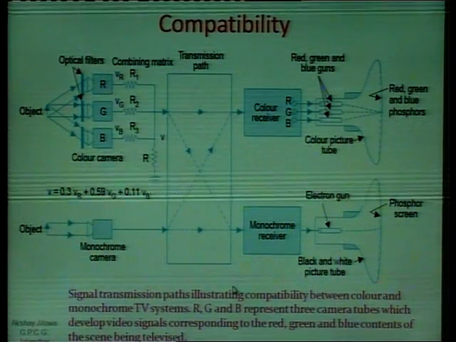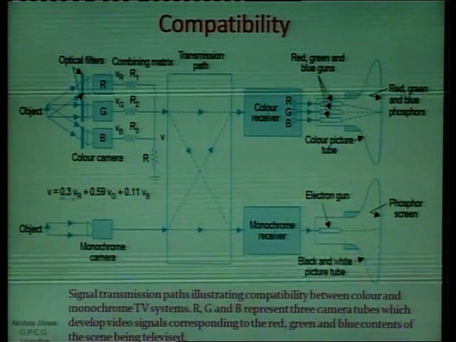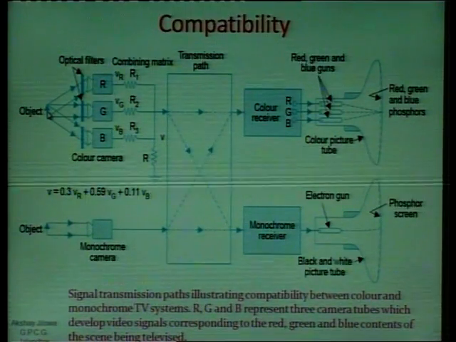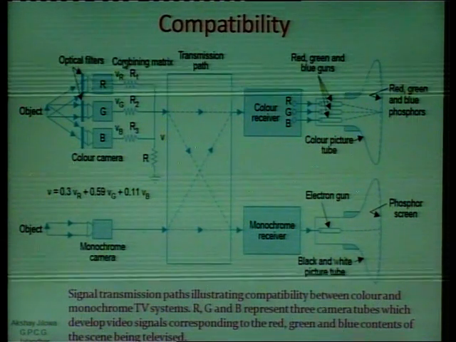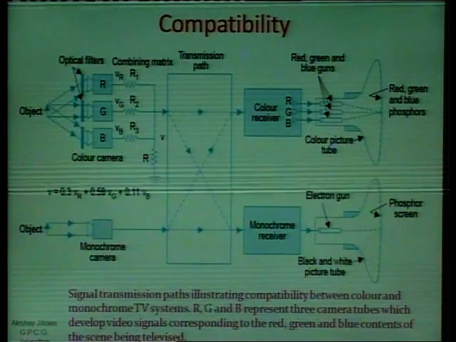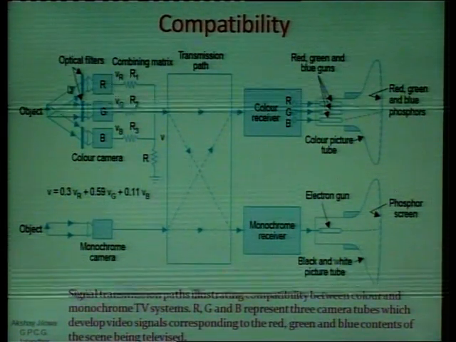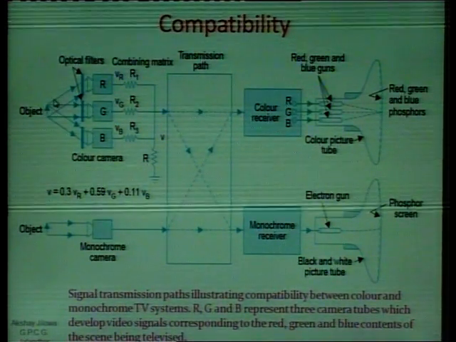Now, we see what happens in color TV. In color TV, we have an object, and when light is reflected from the object, the particular colors we see mean that a particular wavelength or frequency is being reflected and other wavelengths are absorbed by that surface.